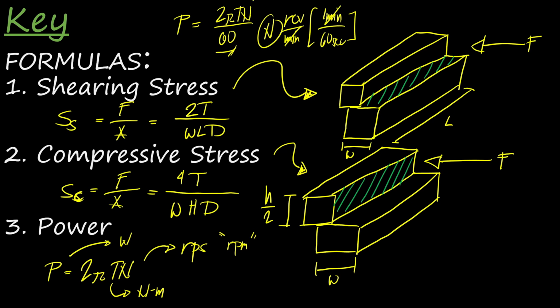So onwards to our first problem. We have: determine the key length of a square key for a gear-driven shaft to withstand a torque of 2,891.4 Newton meter. The shaft diameter is 65 mm with a design stress of 72.6 megapascal in shear. The thickness and width of the key is 5/8. So we have a given.